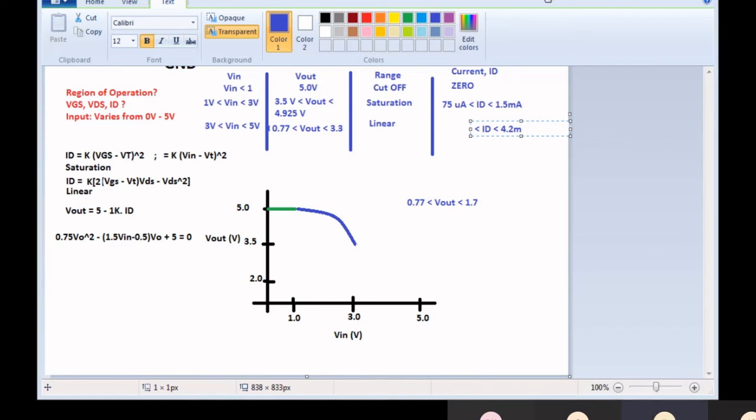For minimum V in equal to 3, V out is 3.33. Yes.